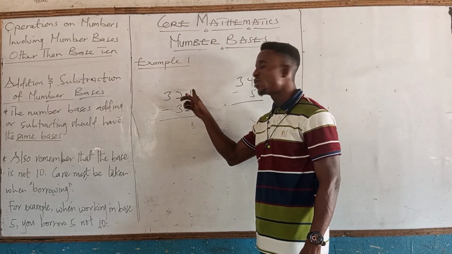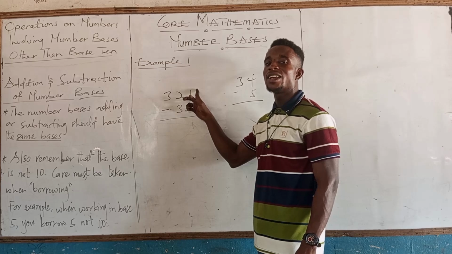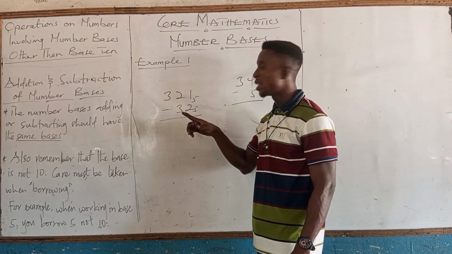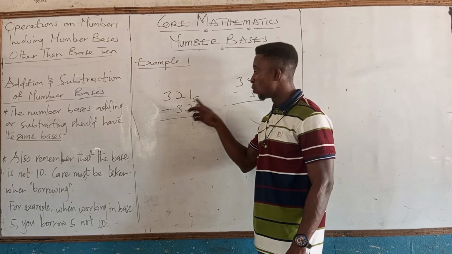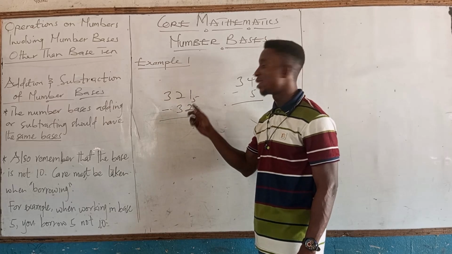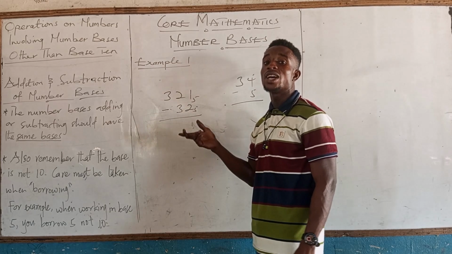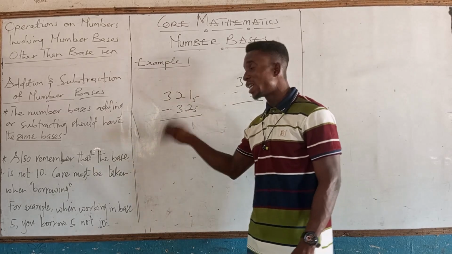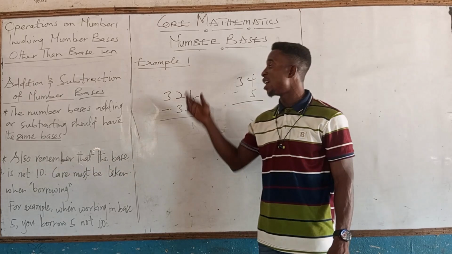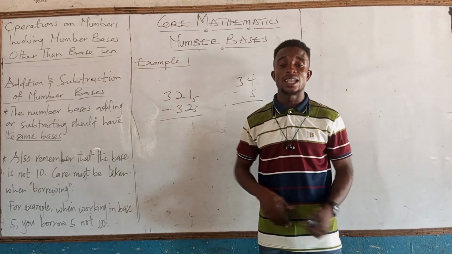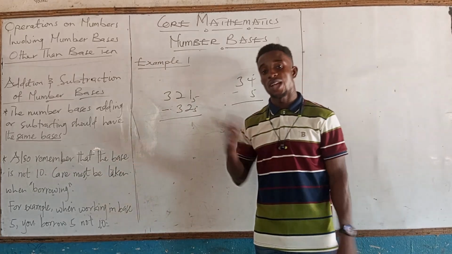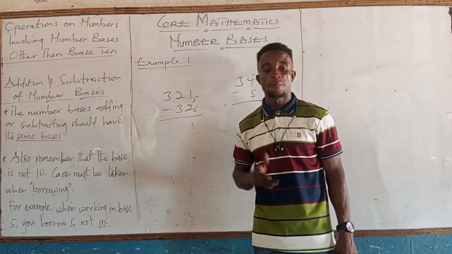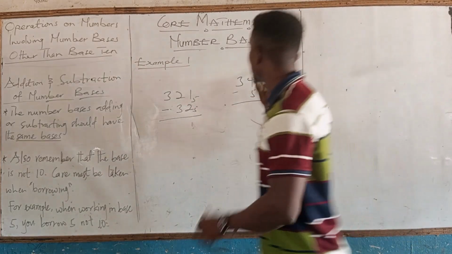So when that one gets to this side, it now becomes 5, because we are in base 5. So now it will make this one 6. Then I subtract. That is all we are saying. So when you borrow 1, it's no more 10, but it's 5. So you check the base we are referring to. If we are in base 6, when we borrow 1, it is 6. We add it to what is there. Are we okay? Let's proceed with examples.